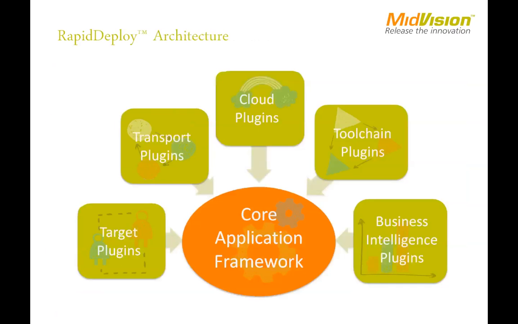The tool chain plugins refer to how we integrate with other tools in our DevOps tool chain, so Subversion, Jenkins, those types of things. And then we have some BI plugins for reporting and MI.